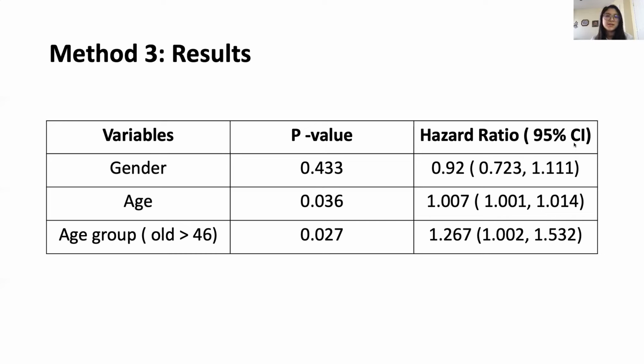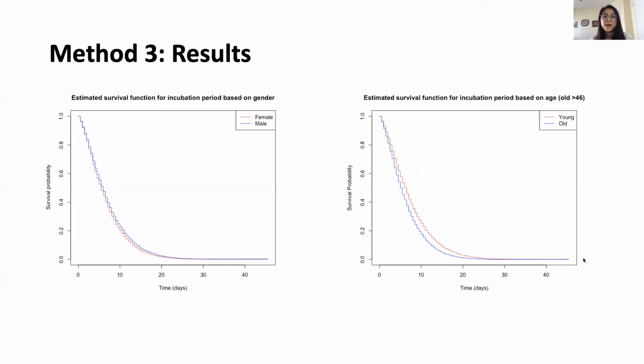The 95% confidence interval of the hazard ratio for the age group is 1.002 to 1.532. And this is the probability of incubation time greater than 14 days using the estimated survival function for each group.